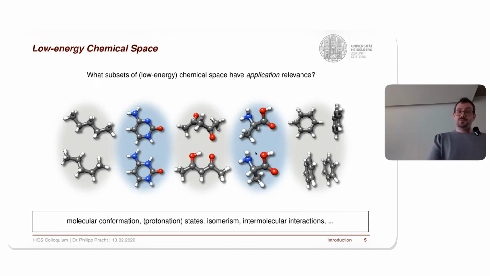You have different isomerisms, so different connectivities for the same amount of atoms, for the same types of atoms. And you have a special case for intermolecular interactions. So this is a special case of the molecular conformation. You have different interaction motifs between molecules that are not directly connected to each other.